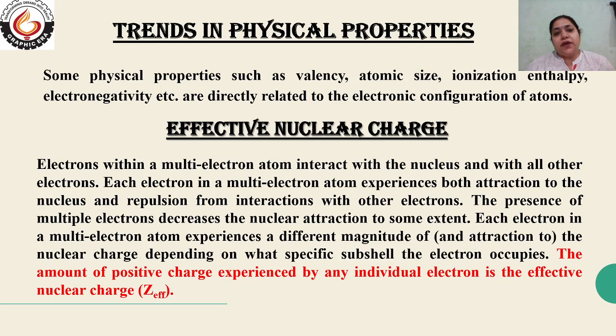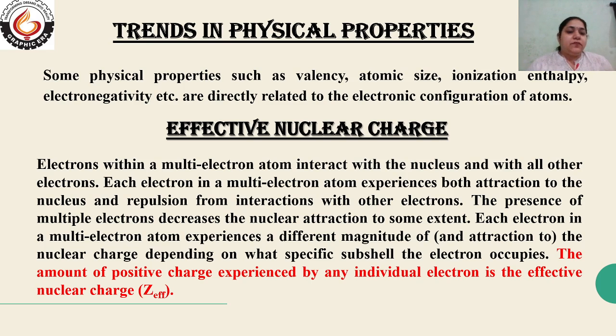In a single electron system like hydrogen, there is only one electron and some positive charge in the nucleus. Obviously that positive nucleus attracts the electron, and the electron feels some nuclear charge. This is the effective nuclear charge.